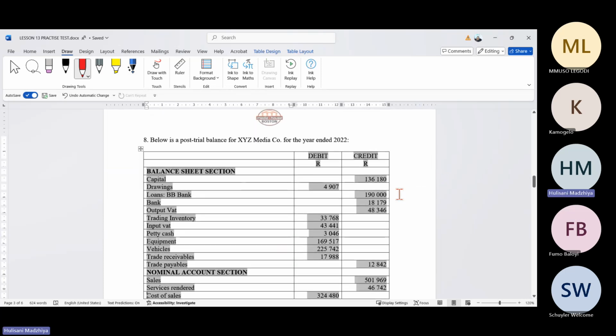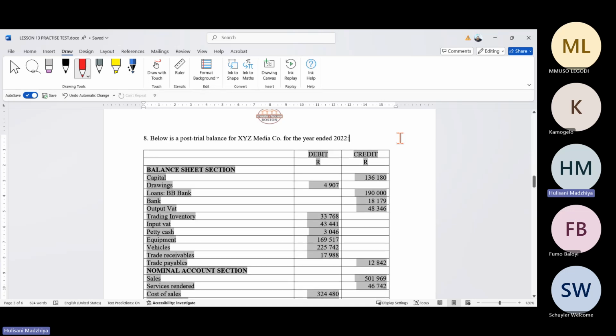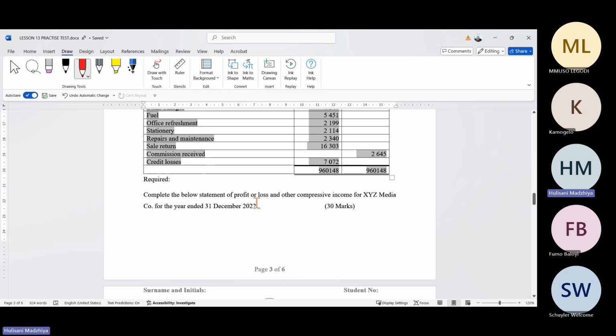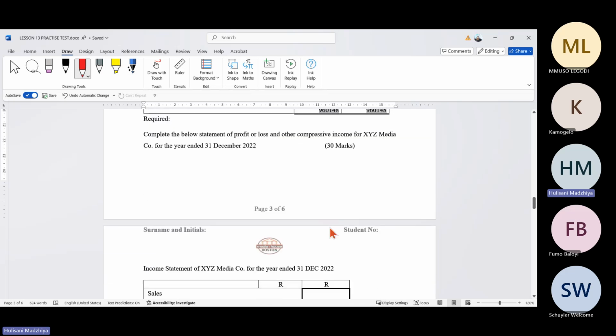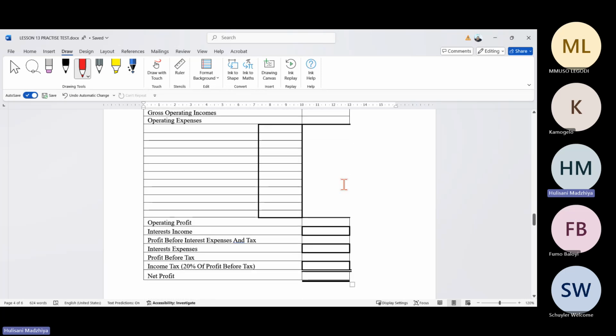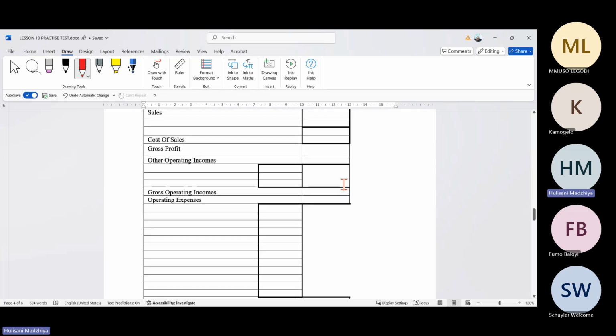And then we've got the following session. This is the session that most of you performed a little bit badly on, for those that wrote. Question number 8 requires you to complete the statement of profit and loss and other comprehensive income for XYZ Limited. So you're given the following format, which is already indicating what you need to do.